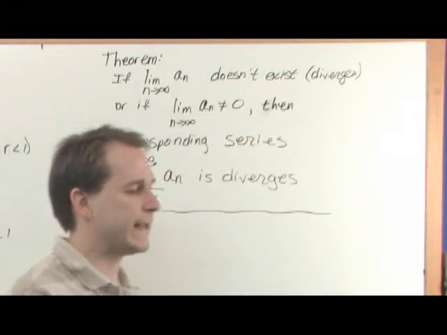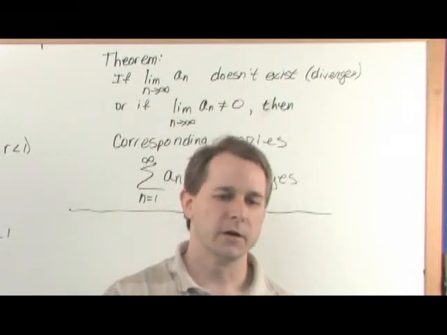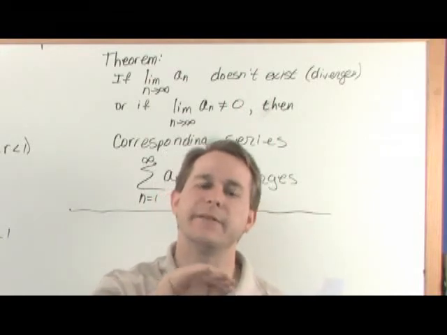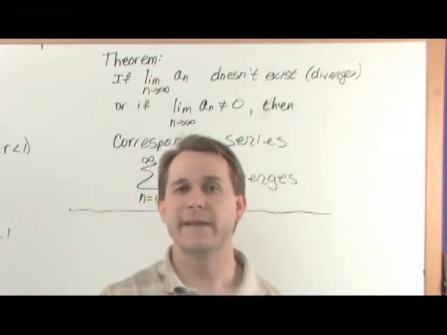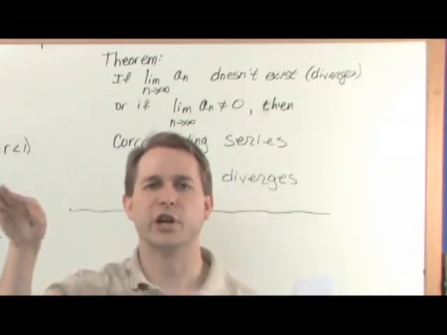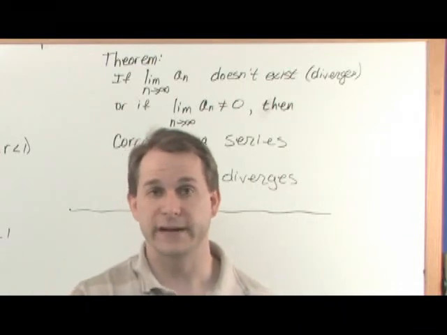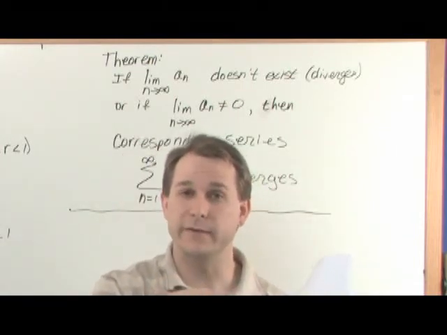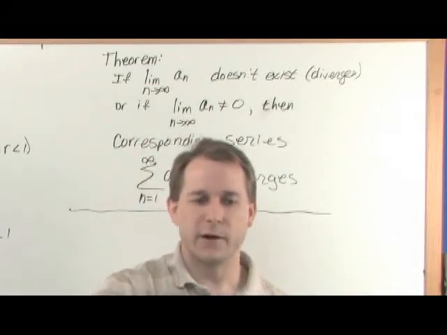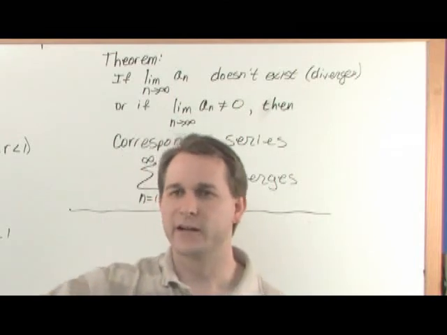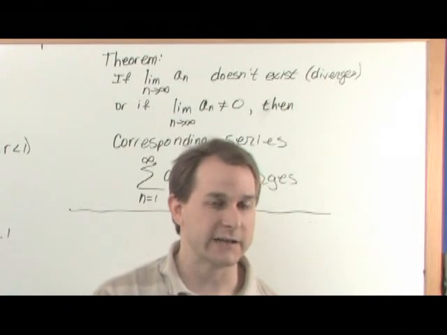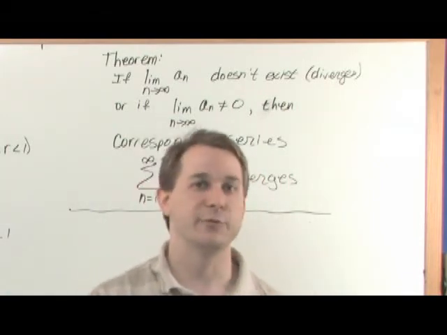Because think about it, if you're adding up 1 plus 2 plus 2.1 plus 2.2 plus 2.3, and the elements are approaching a limit, even if that limit exists and is equal to 3, let's say, then as I add an infinite number of things together and they're approaching the number 3, I'm going to be adding 2.99999 plus 2.9999999 plus 2.9999999.